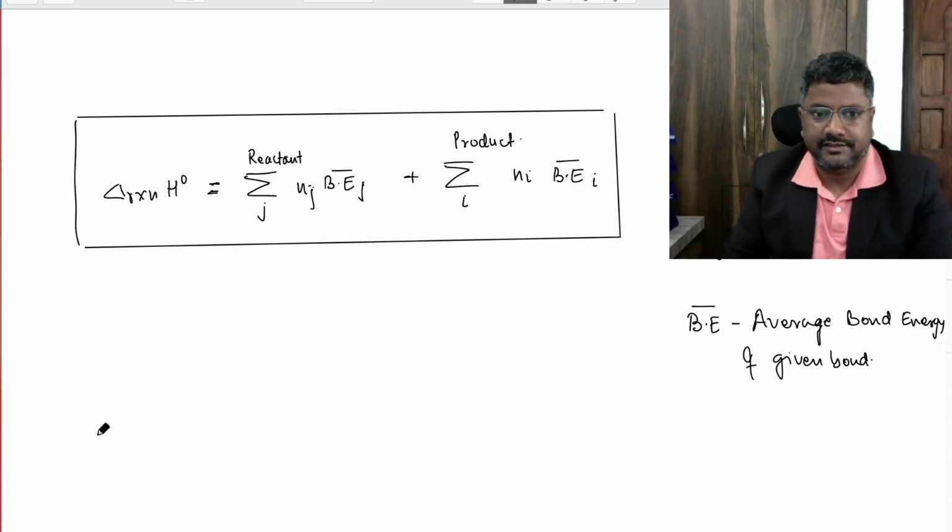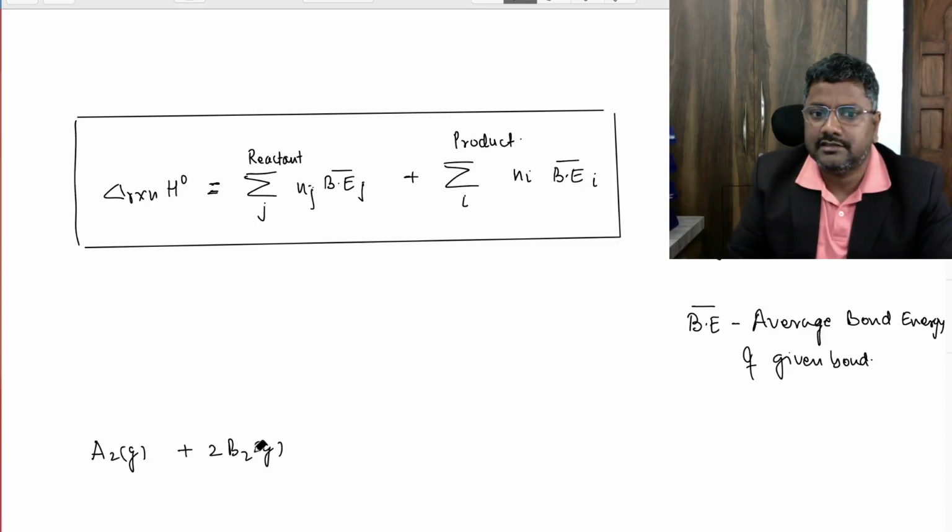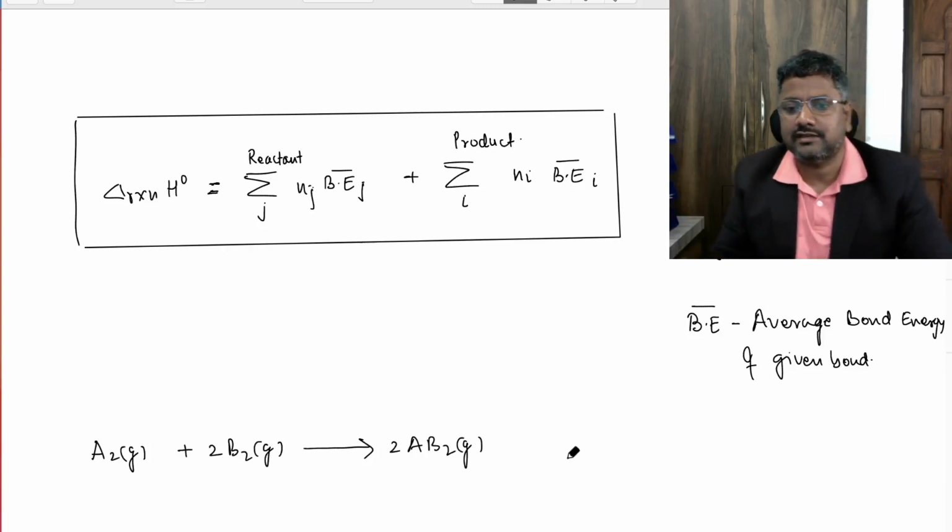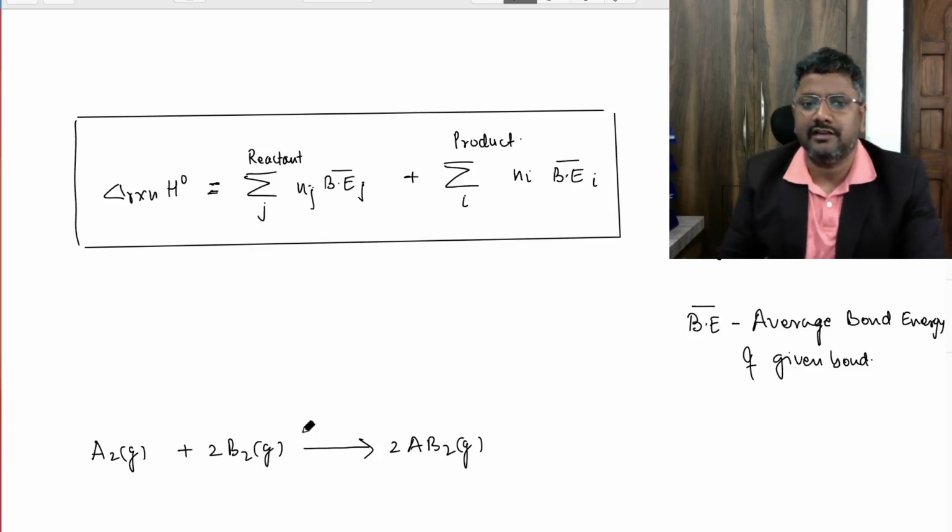Suppose that A2 gas plus 2B2 gas gives 2AB2 gas. Suppose this reaction is given, all in the gaseous state.